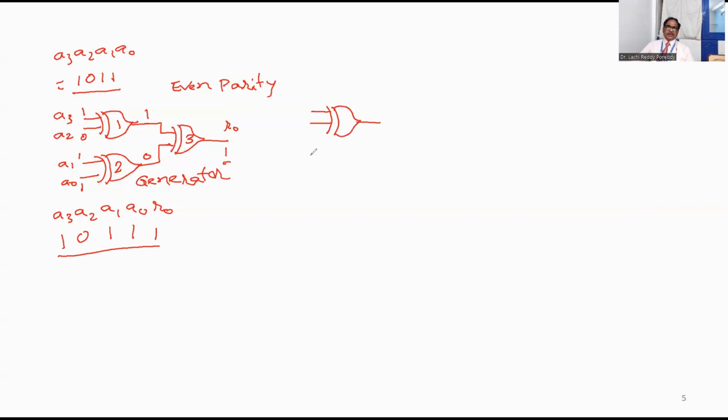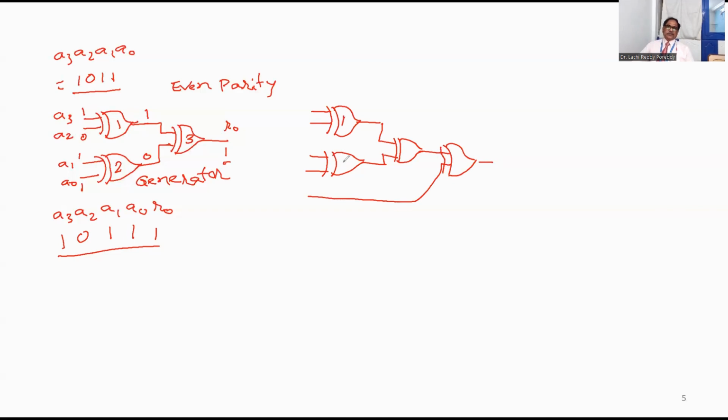This is one XOR gate. Another XOR gate. This is another XOR gate.